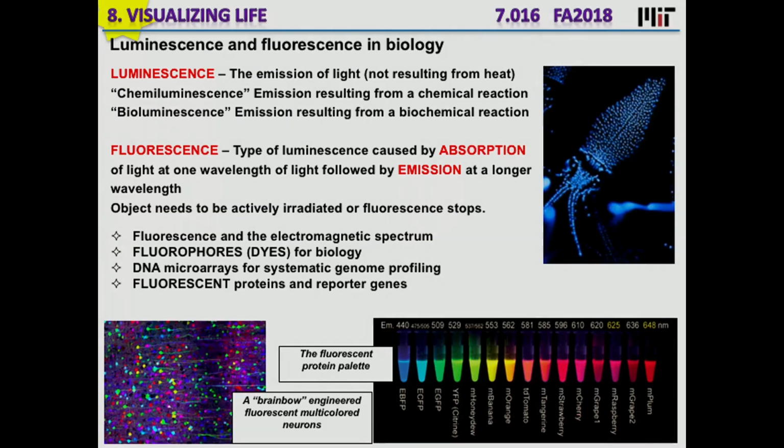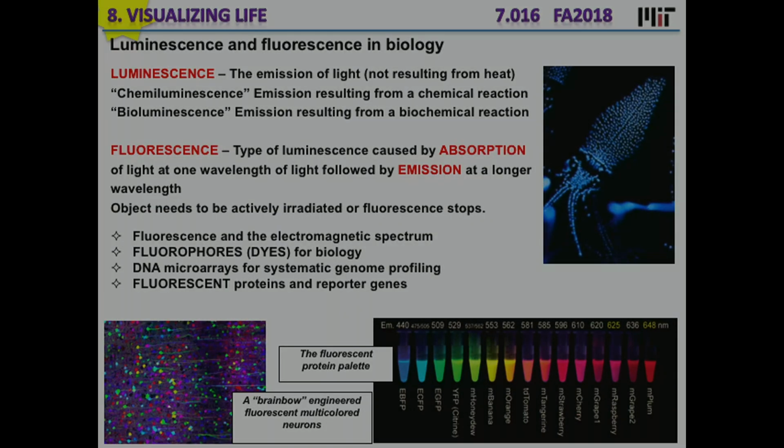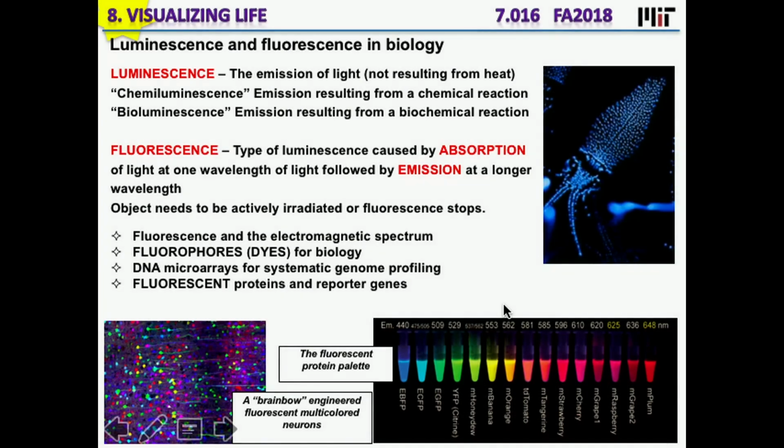So what you see here, you see a bunch of little Eppendorf vials with fluorescent molecules that emit light at all different wavelengths. These would be down at the ultraviolet end of the electromagnetic spectrum. These would be up in the red, very red end, the lowest energy.